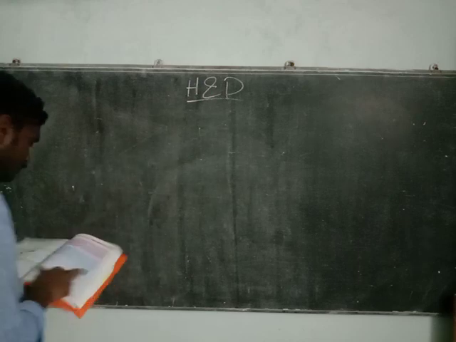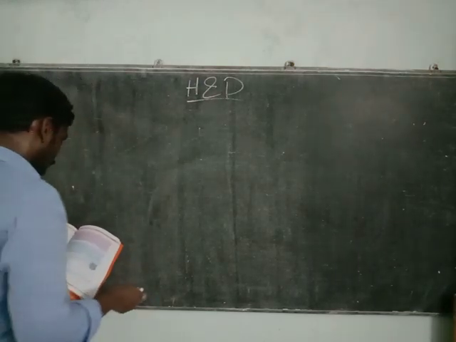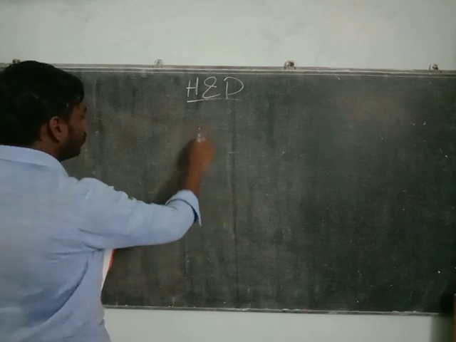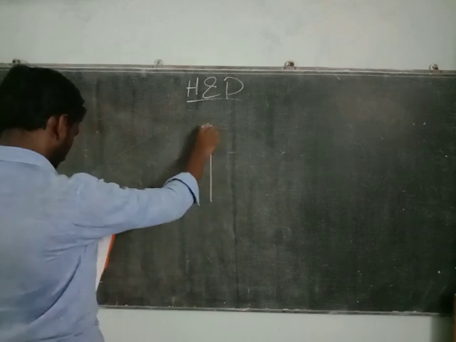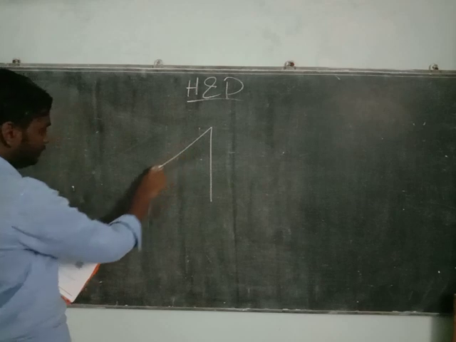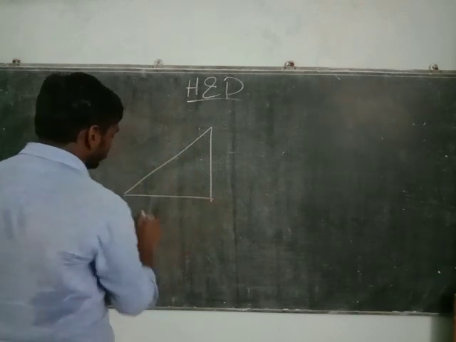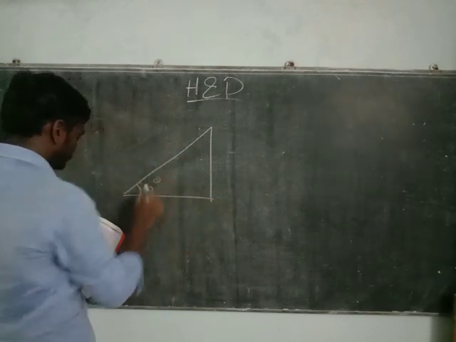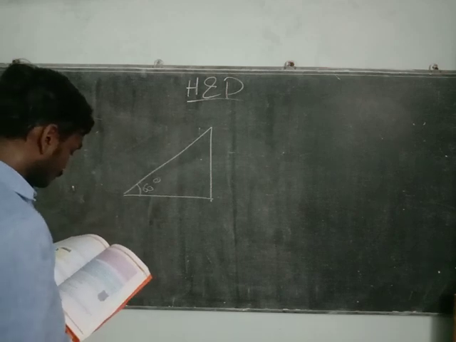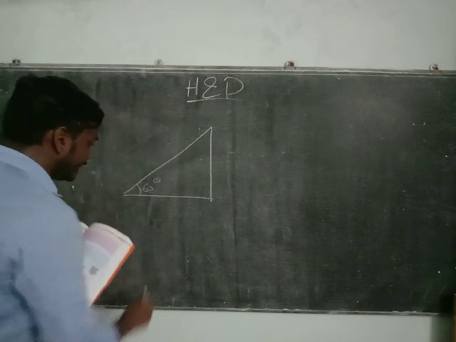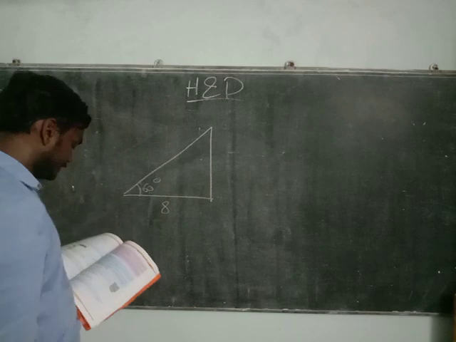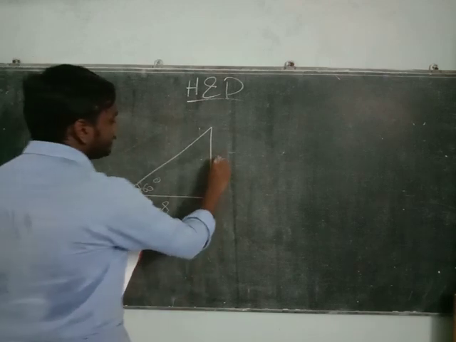A boy observed the top of an electrical pole at an angle of elevation of 60 degrees. It is given that the angle of elevation is 60 degrees. And the observation point is 8 meters away, the distance is 8 meters. Find the height of the pole.